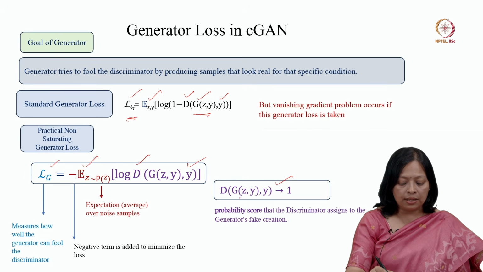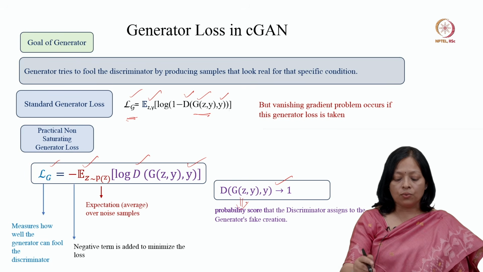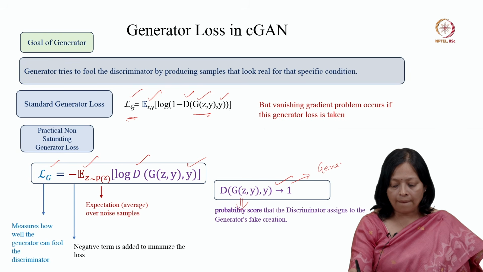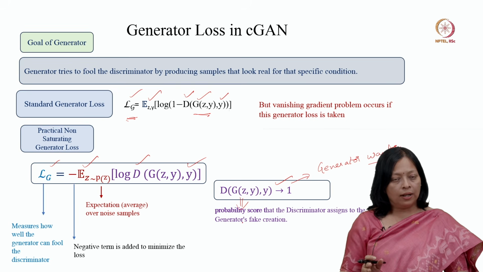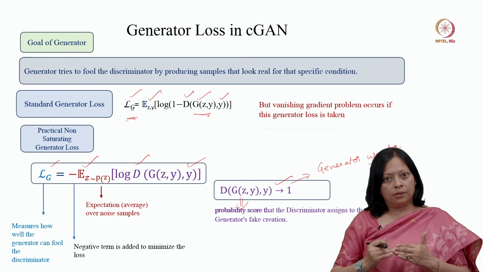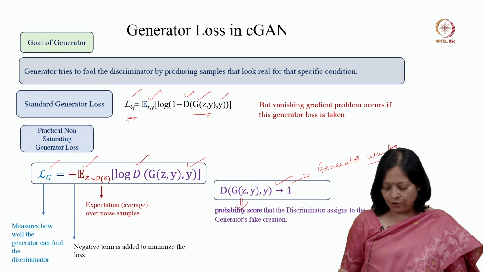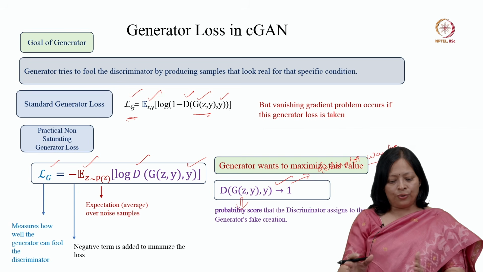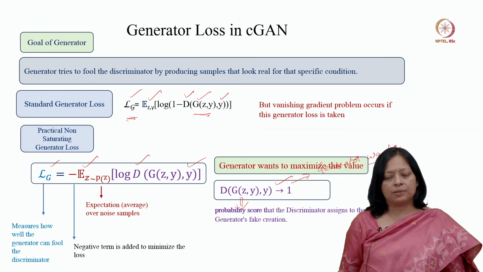So, this generator wants this probability score to go to 1, whereas the discriminator will try to make the probability score go towards 0, because this is a generated image. So, as I have written also, the generator wants to maximize this value.